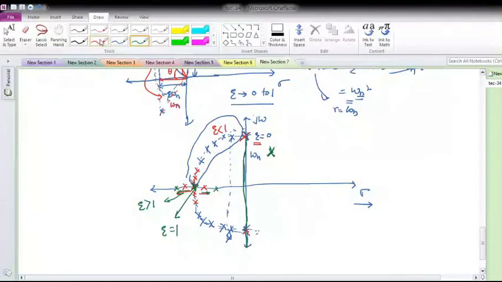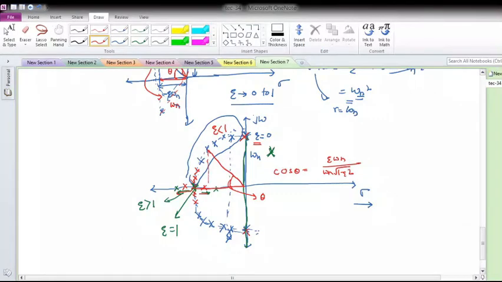Okay, so now let's say this is my pole location. I can make this angle, and let me call this angle theta. Then what will be my cos theta?